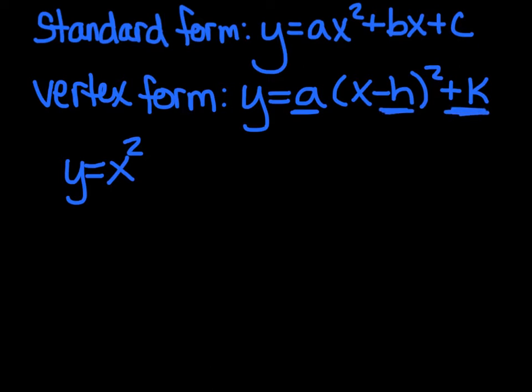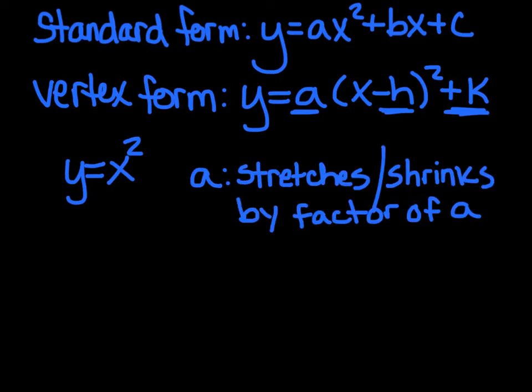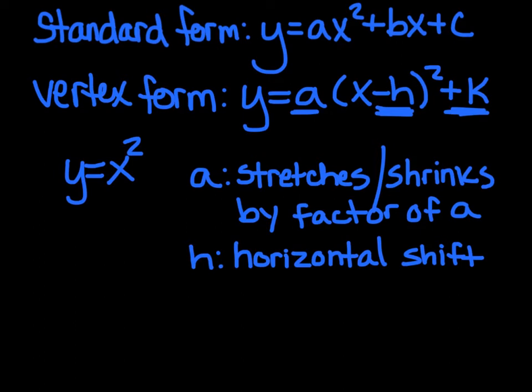So the a stretches your graph by a factor of a. Stretches or shrinks, I should say, because if it's like a 1/2, then your graph is going to be half as tall as it was before. The minus h is your horizontal shift, and the k is your vertical shift.